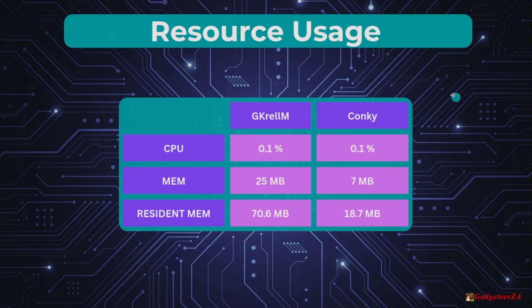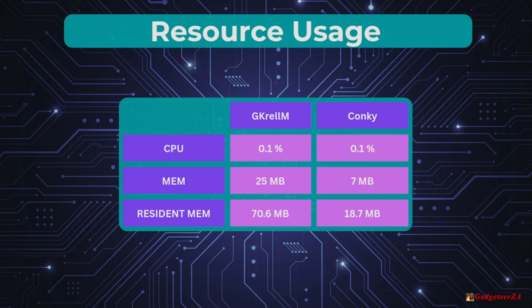And just the last thing before we jump into the user interface then, I've got a sort of a side-by-side comparison here because I am running an equivalent GKrellM as well as Conky at the same time. On the CPU front, they both consume 0.1%, which is incredibly light. It is just periodically though, as for example, my Conky only does a read every 5 seconds.